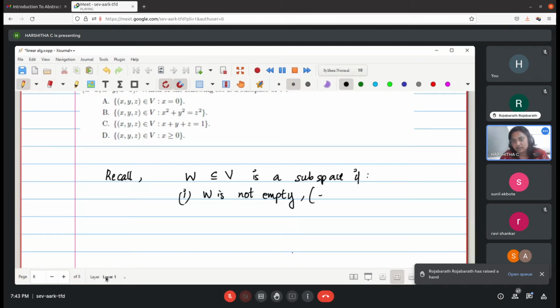So equivalently, 0 belongs to W, whatever is the 0 in the vector space that we are talking about.